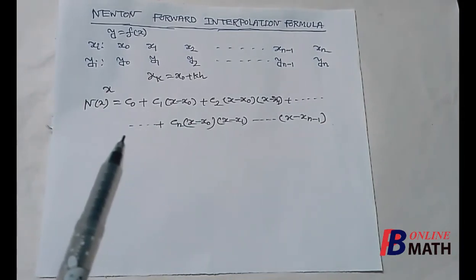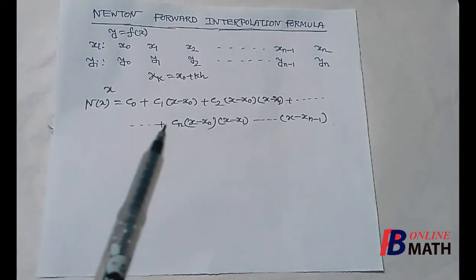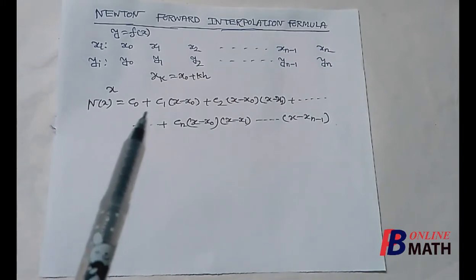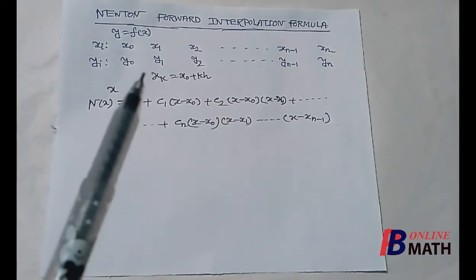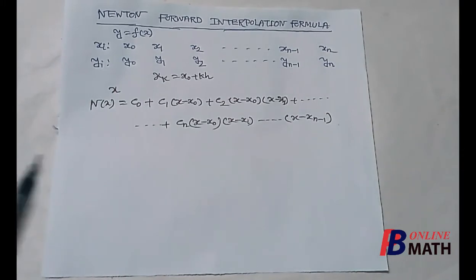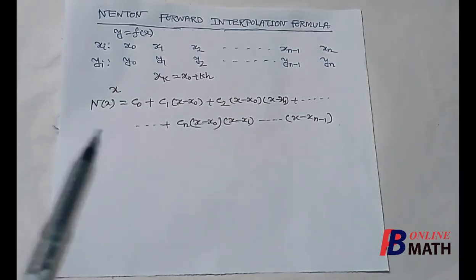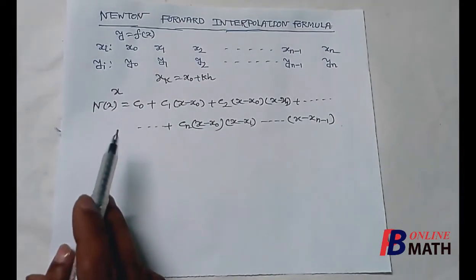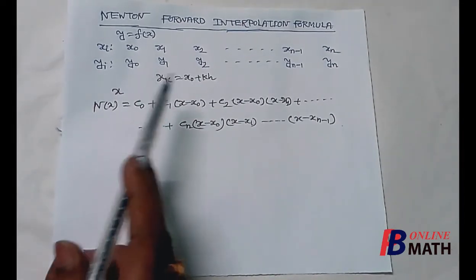Now you can use another form of this polynomial, but we have used this form so that we can find the values of these coefficients easily by using this n plus 1 number of conditions. Now we have selected this polynomial N(x) in such a manner that this polynomial satisfies all these values.